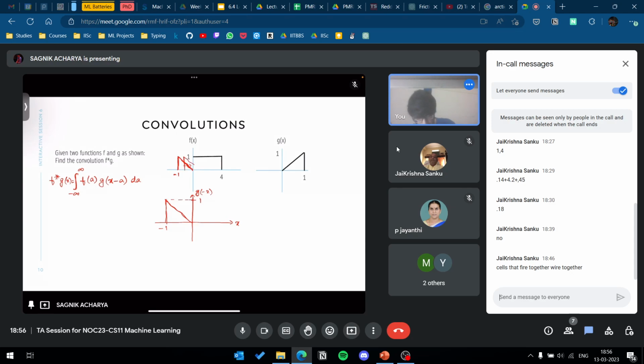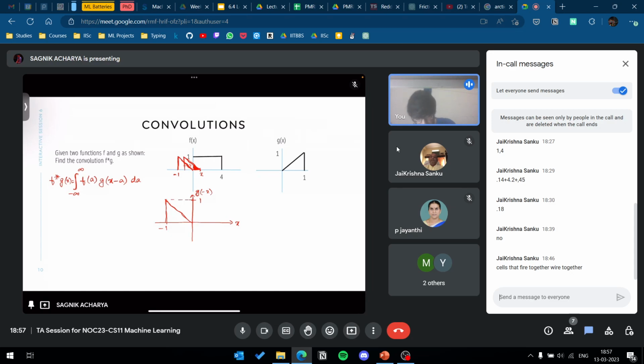Initially there is no overlap, right? But then as you move it more and more, you get this shaded region as overlapping. If I move it by x, then there's a particular amount of overlap.